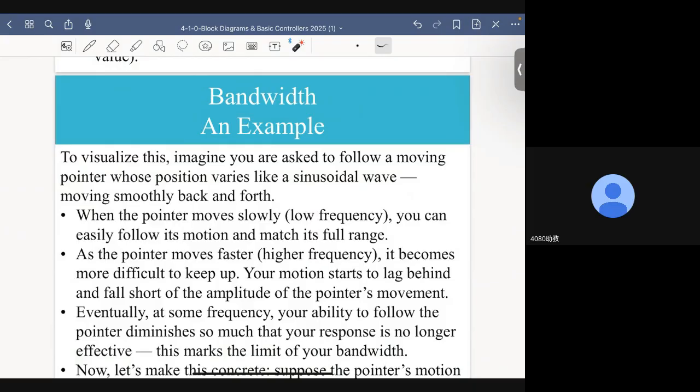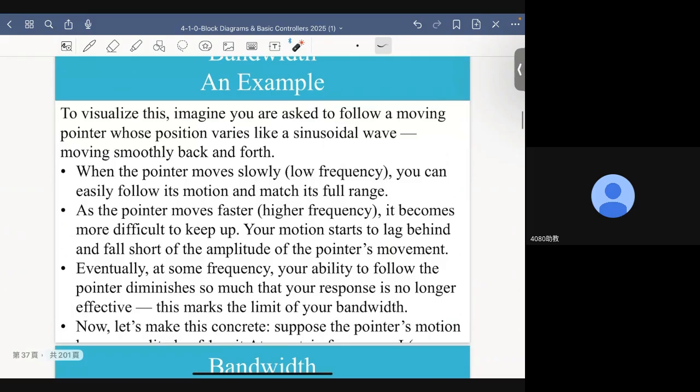When the pointer moves slowly, which means it moves at low frequency, I can easily follow this motion and match its full range. So I can go from one end of the blackboard to the other end in time. I can follow through all the time. When I say full range, I mean the full range of the motion of the pointer.